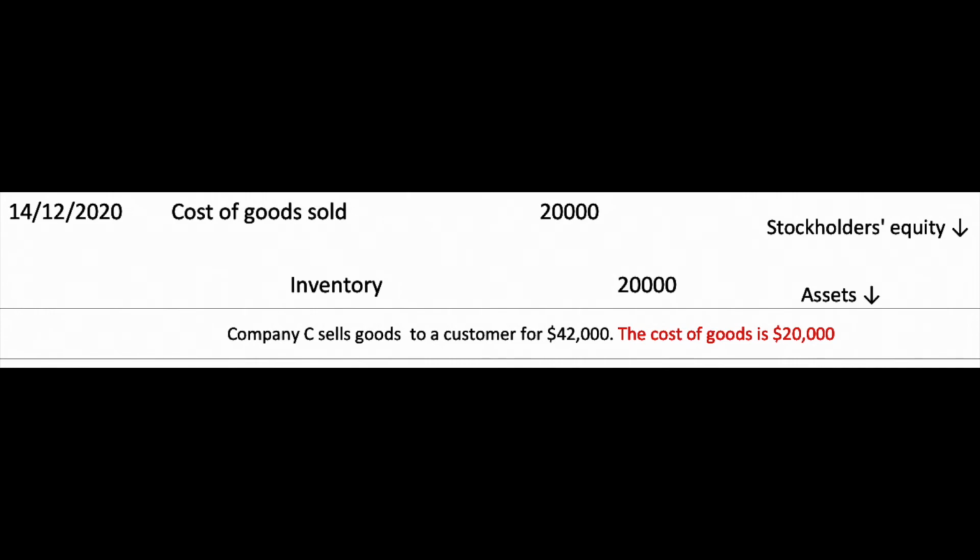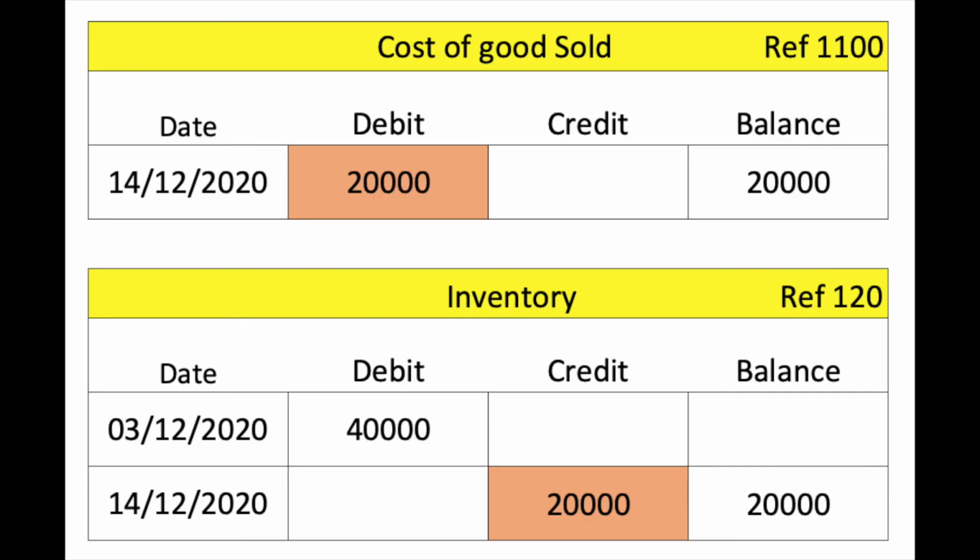The second transaction affects 2 ledger accounts, cost of goods sold and inventory. It posted $20,000 in account number 1100. On the other hand, the company posted a reduction of $20,000 in account number 120.